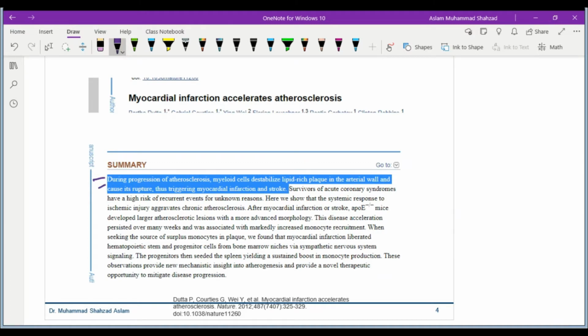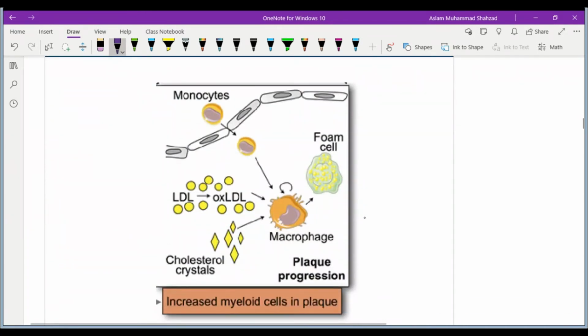What is actually going on is that monocytes, an example of myeloid cells, come from the progenitor cells. They enter inside the cell, and then they combine with LDL, which is oxidized to oxidized LDL, with the help of cholesterol crystals.